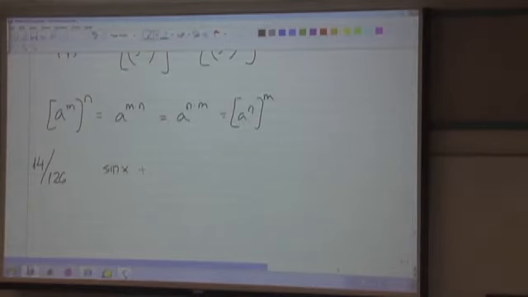Sine of x plus cosine of y is equal to sine of x cosine y. So again, take derivatives of both sides. What's the derivative of sine of x? Positive cosine. What's the derivative of cosine of y?